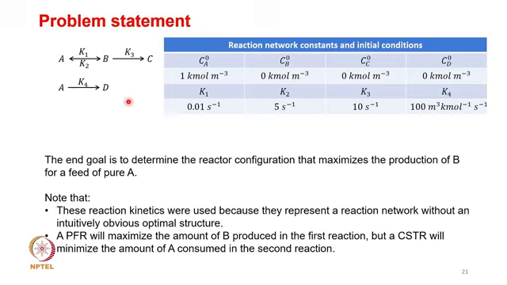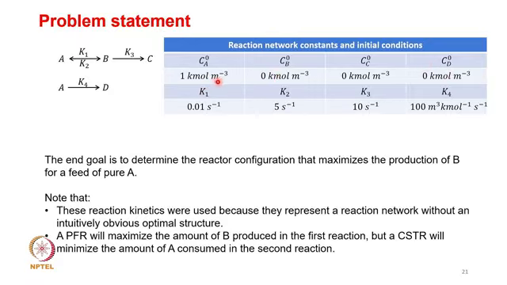So now let us take a example. As I told previously, the attainable region analysis would start from the reaction state itself. We are not looking at the reactors at the moment, we are only looking at the reaction. Given this reaction and the reaction parameters, for instance, we need to have a Ca naught of 1 kilomole per meter power minus 3, and having k1 and so on, Cb naught, Cc naught, and Cd naught, which essentially means that it is all 0 here.